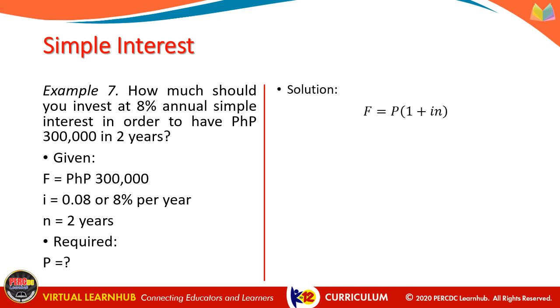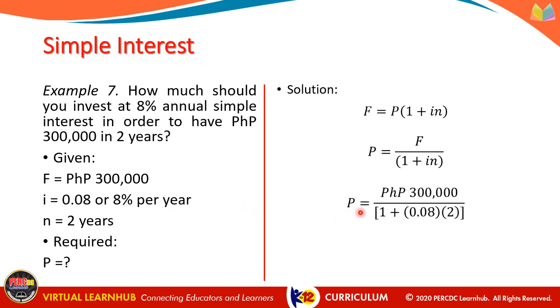Solution. From the formula, future value F is equal to principal P times quantity 1 plus I times N. We just need to manipulate this equation to have principal P is equal to future value over 1 plus I times N. Just substitute the given.